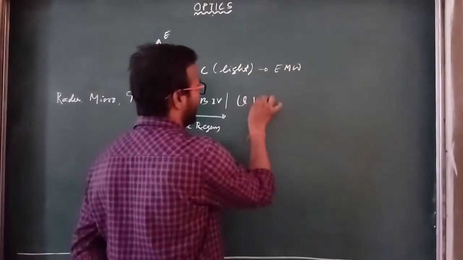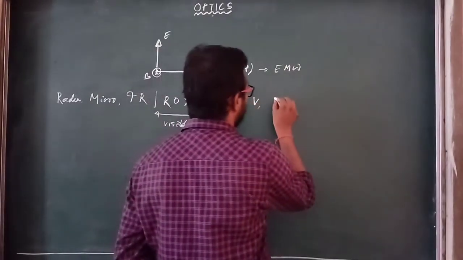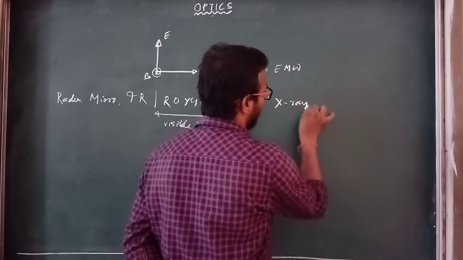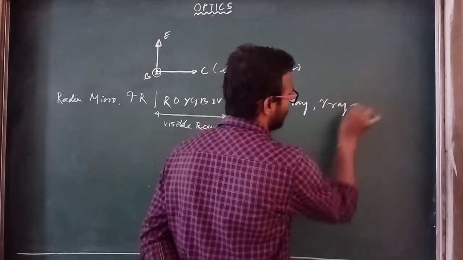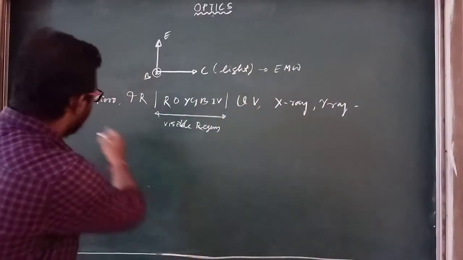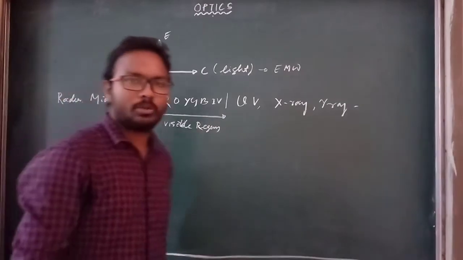And here is the 7 color concept of light, that is VIBGYOR. And if you come to the next part, then we will face X-ray, and next gamma ray, and so on. Clear? And this spectrum is known as the electromagnetic spectrum.